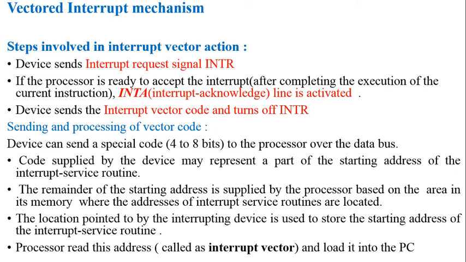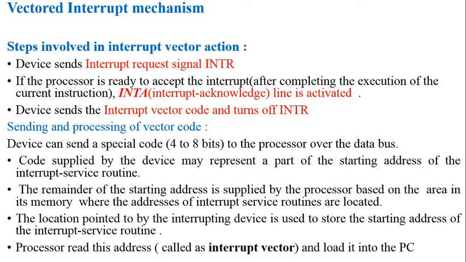First, the device sends an interrupt request, as it is willing to get an interrupt service routine from the processor. After sending the interrupt request, if the processor is ready to accept the request, it generates an interrupt acknowledgement signal. Whenever the device identifies this signal, it knows that its request is recognized by the processor and is going to be processed next, so the device sends a special code, called the interrupt vector code.